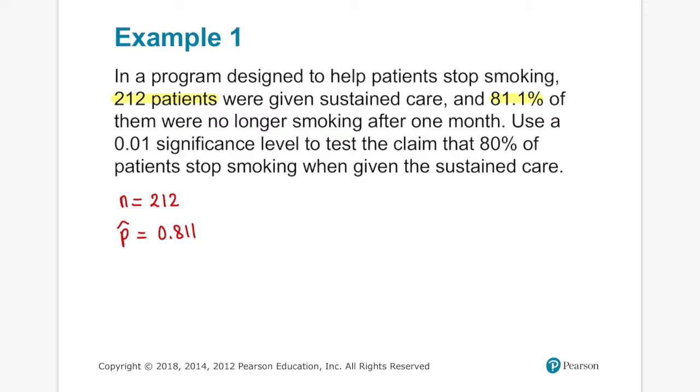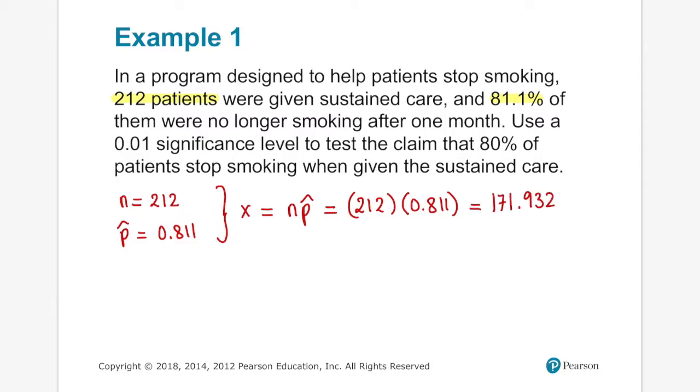If I want to find x, I take n times p hat, and I got 171.932. X will be a whole number, so I am going to round this to the nearest whole number, which is 172.